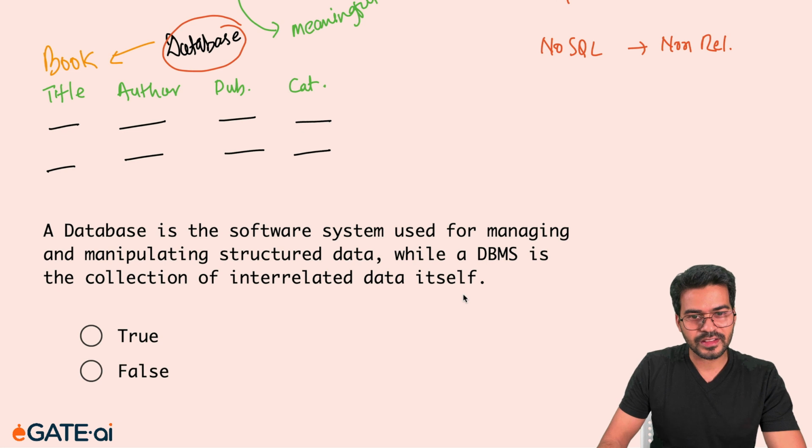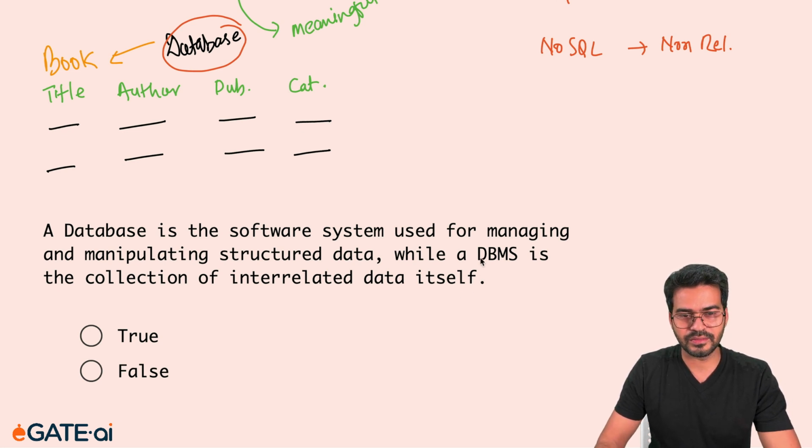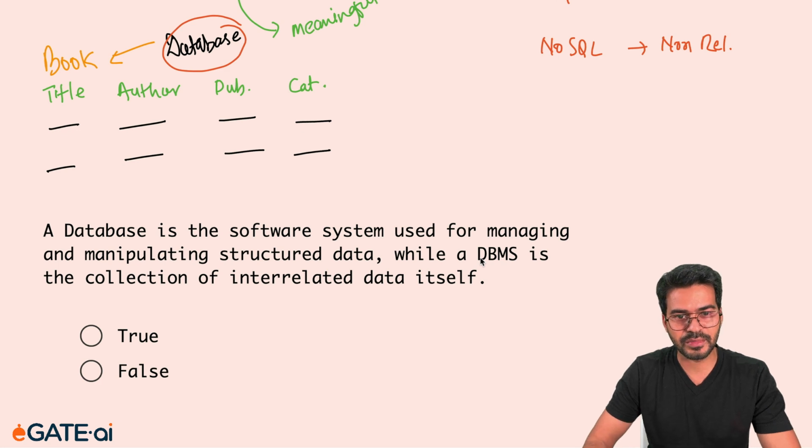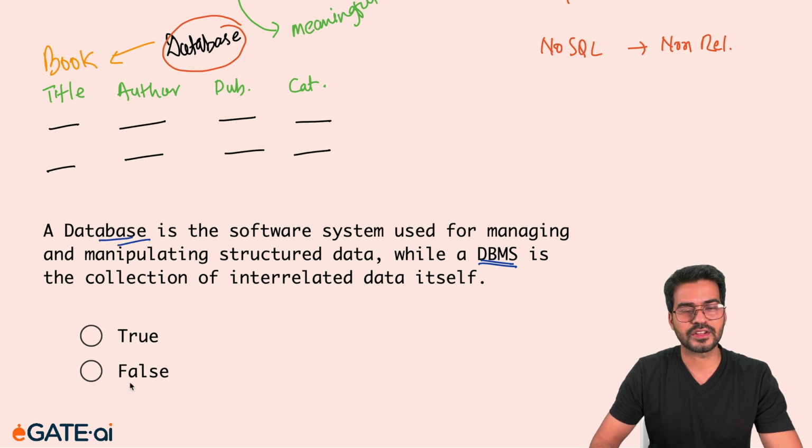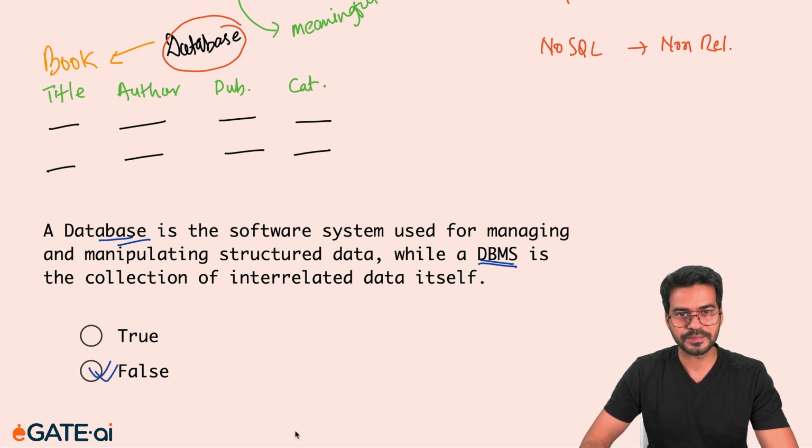So basically this statement has interchanged the meaning. DBMS is the software while database is the collection of interrelated data. So obviously the answer would be false. This statement is false.